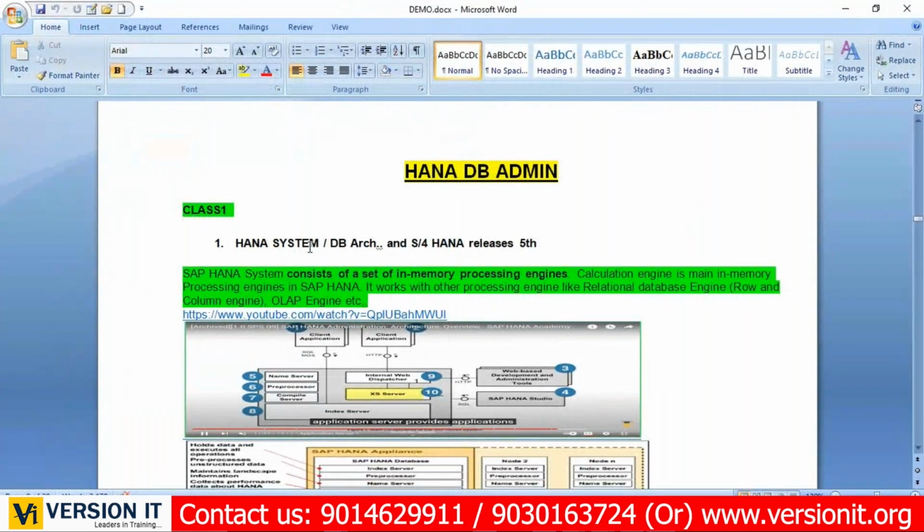This used to be the abbreviation of SAP HANA, but today no one calls it high performance analytical appliance.